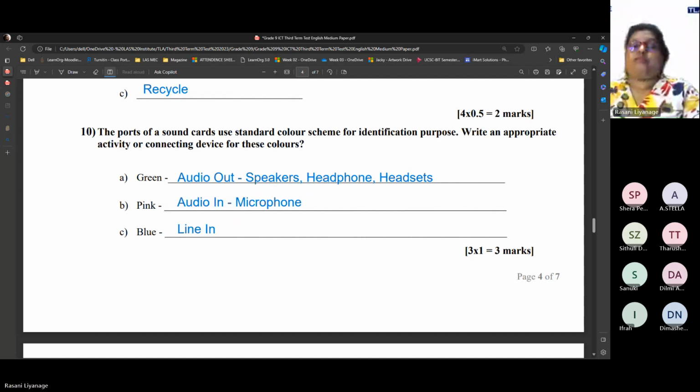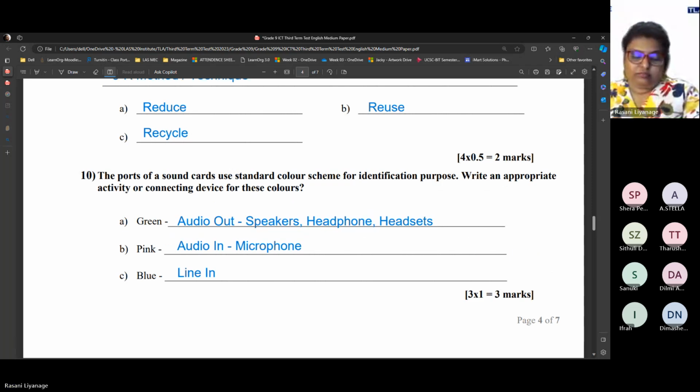Right? ලියන්නේව තියනවාද ඒකේ? Okay, right.